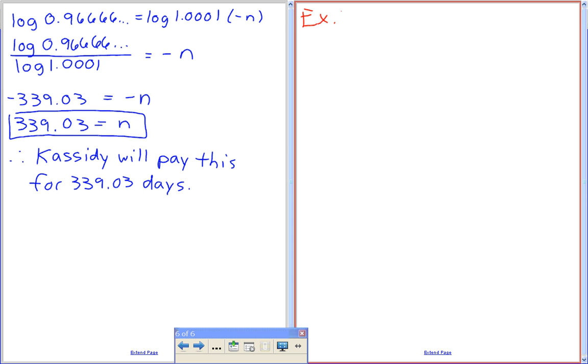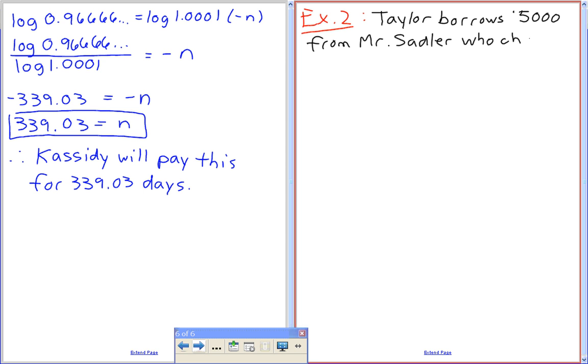Example 2 says, Taylor borrows $5,000 from Mr. Sadler, who charges 20% compounded monthly.